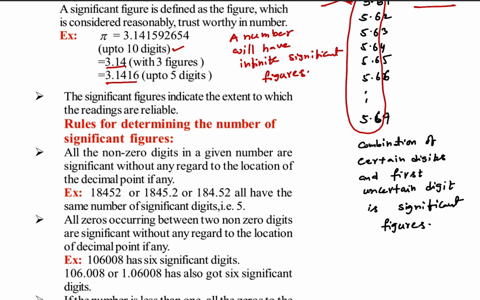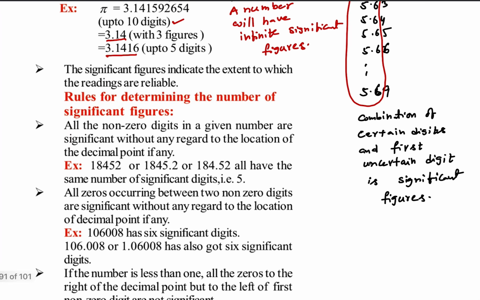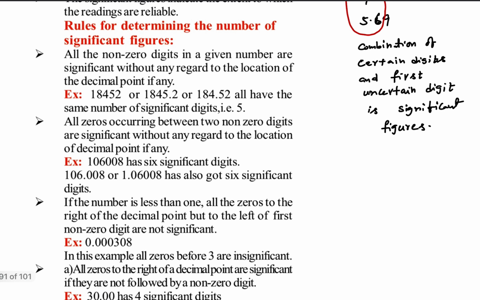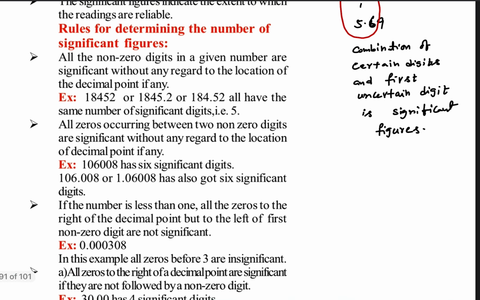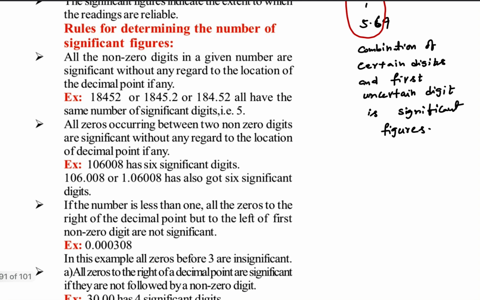As per the situation you have to take. Pi can be taken up to 10 digits, 3 digits, or 5 digits. As per the question, and based on the remaining measured values, you have to follow that.